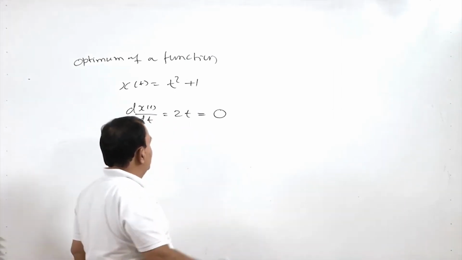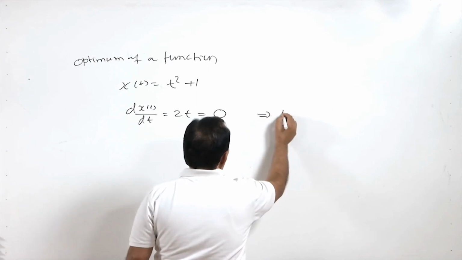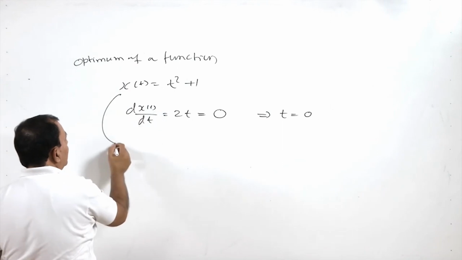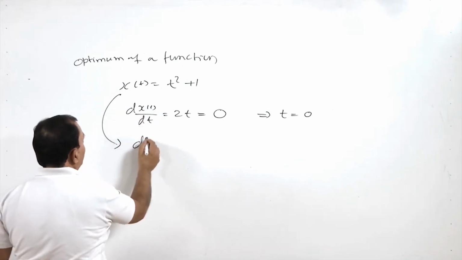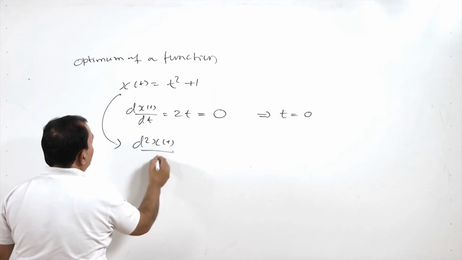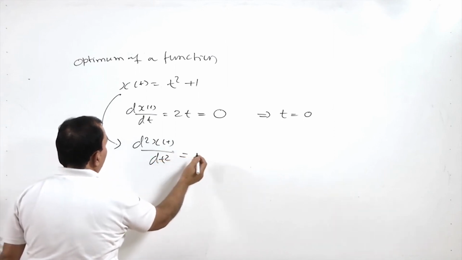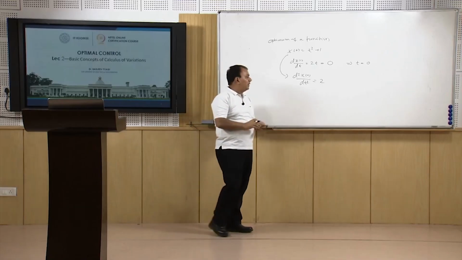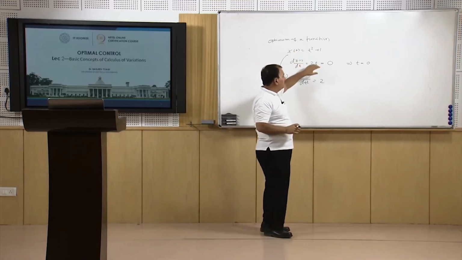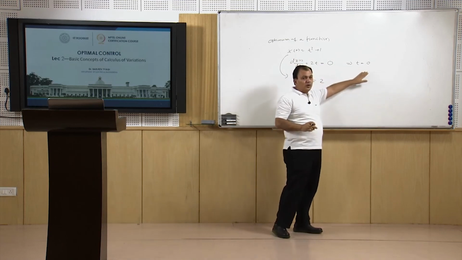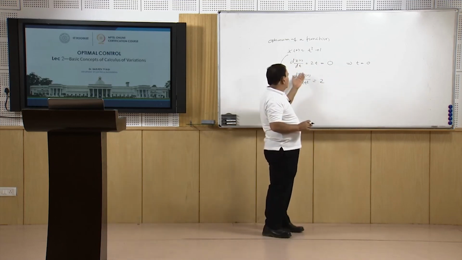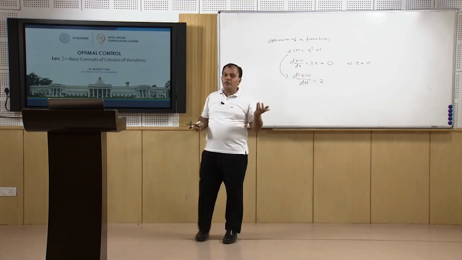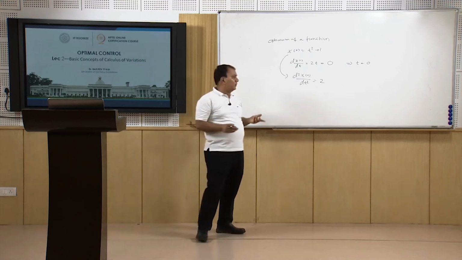In this case, my optimal point is when t equals 0, and then I take d2x t by dt square, which is 2. From my previous knowledge I know the optimal value is at t equal to 0, and d2x by dt square is positive, so this value will be my minimum value.